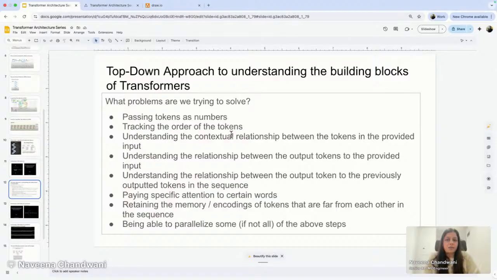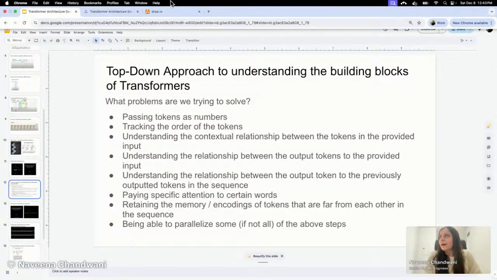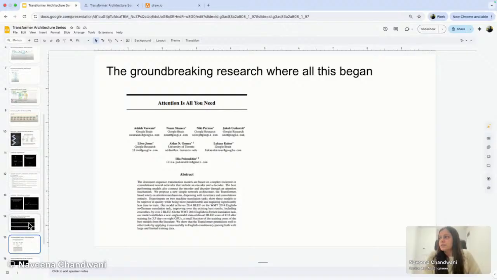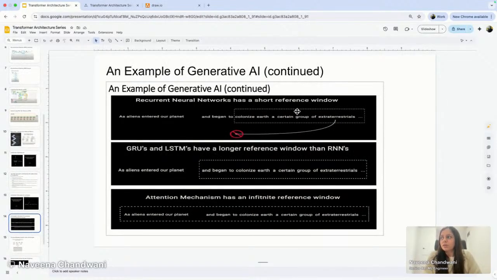We read a paragraph and catch the key phrases or important things, and this happens so subconsciously. You would also want to retain the memory or encodings of tokens that are far from each other in the sequence, which we've been discussing in terms of long term memory and those long paths. And if we can parallelize some of these above steps, then nothing like it. Then we can scale.